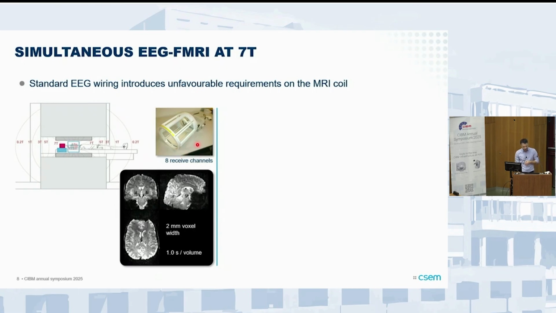So with less receive elements and larger receive elements farther from the head, that introduced some limitations in terms of what we could do in terms of acceleration of the imaging process. And so, although we were gaining sensitivity by going to higher field, we were losing with these limitations on the coil.